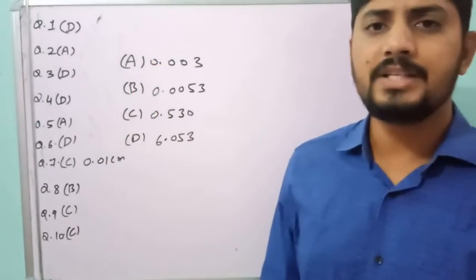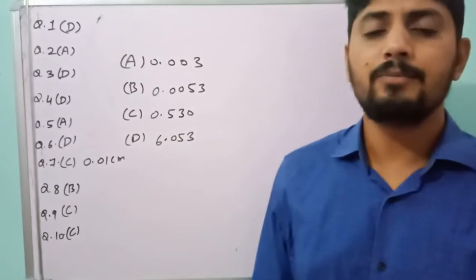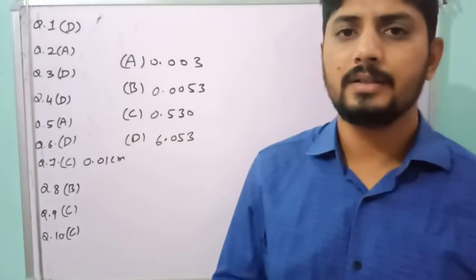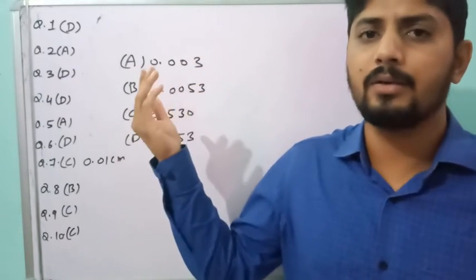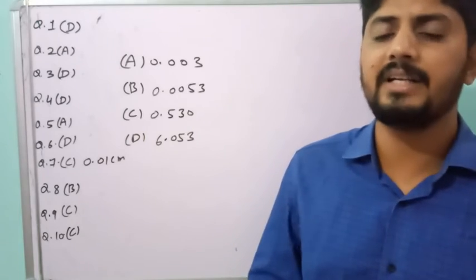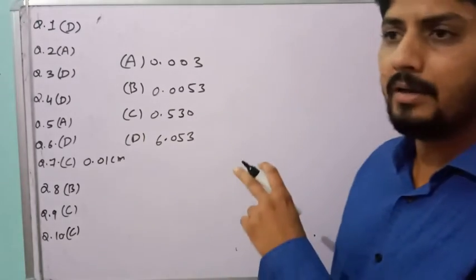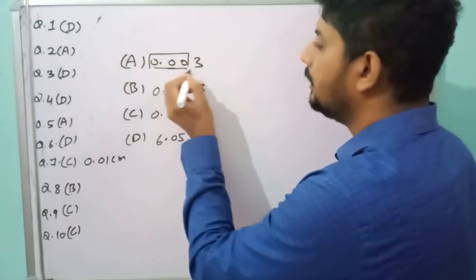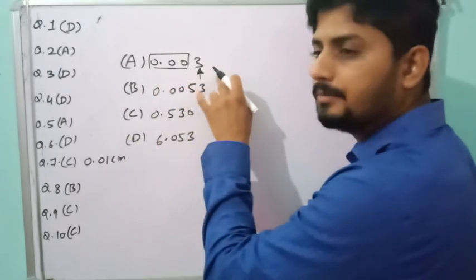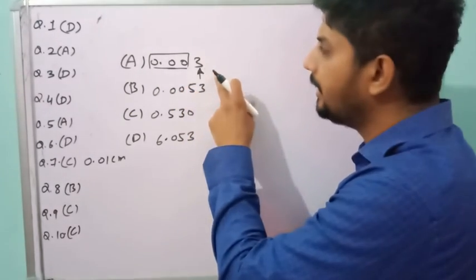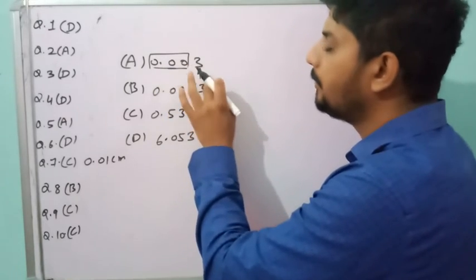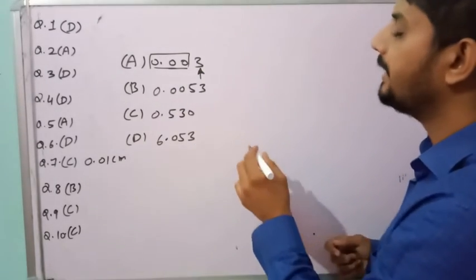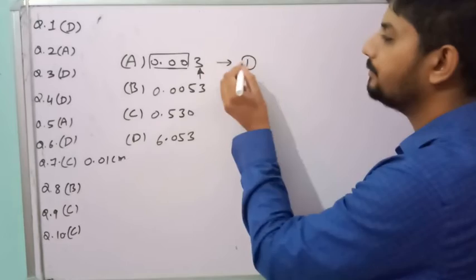All the zeros preceding non-zero digits are considered non-significant. This is rule number 2 that I discussed with you. So these zeros are not significant, and the non-zero digit is our first digit. So the significant digit in option A is only 1.